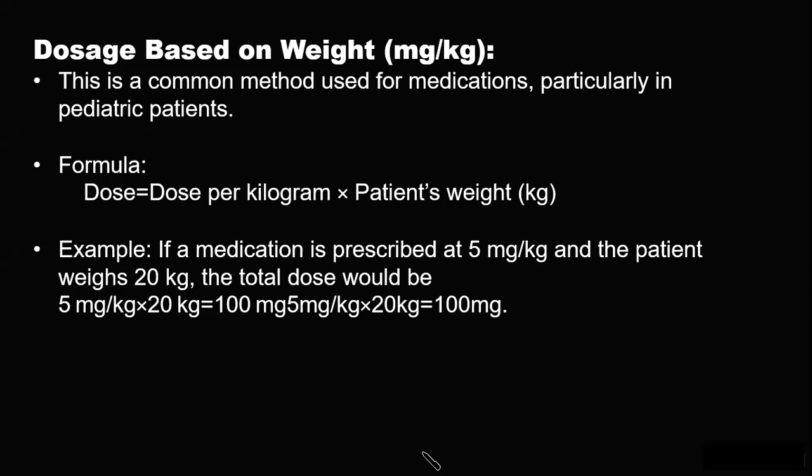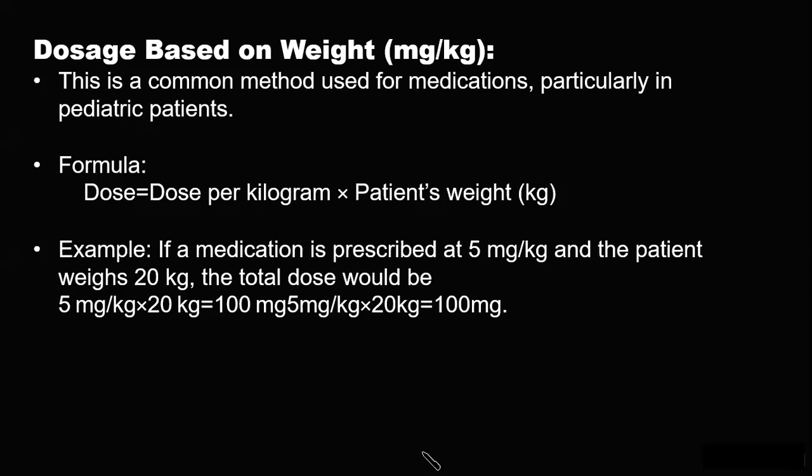So if a medication is prescribed at maybe 5 milligrams per kg, and the child is weighing maybe 20 kg, like it is here, all you simply need to do is to times the person's weight with the milligram of the drug that the person is supposed to take.